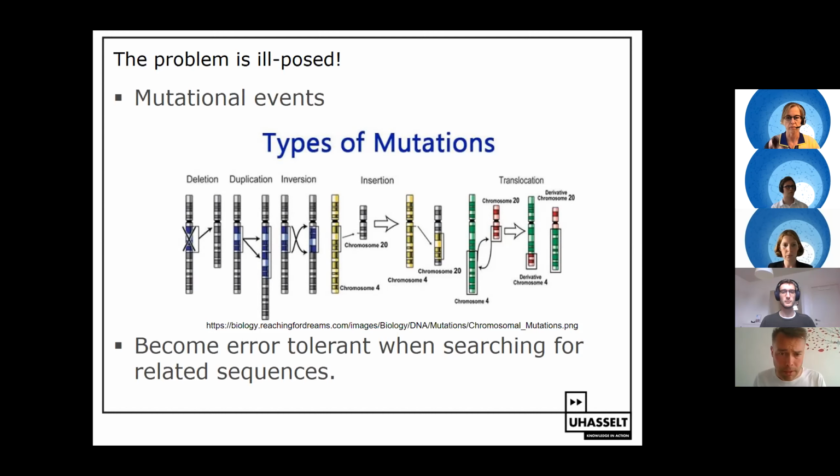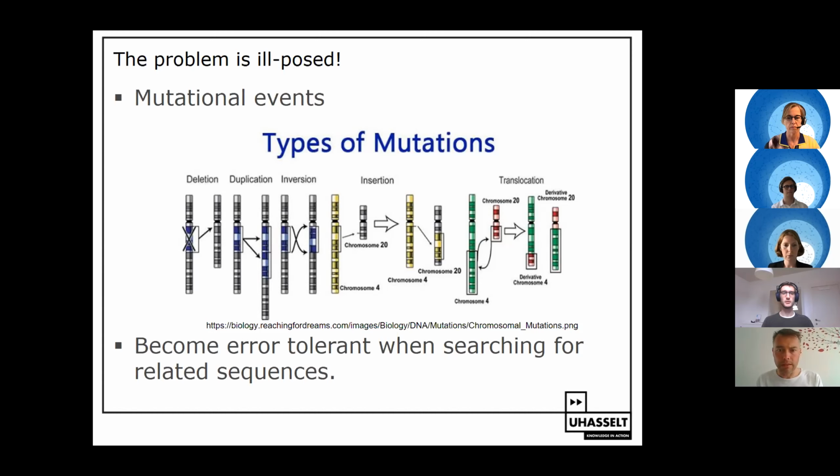I will not go over them, but the issue here is that if you want to do this search by pre-indexing databases, we need to become error tolerant. And so the whole indexing idea is not so appealing anymore, because suddenly we need to consider a lot of variants and synonyms of the string. So that is an issue.